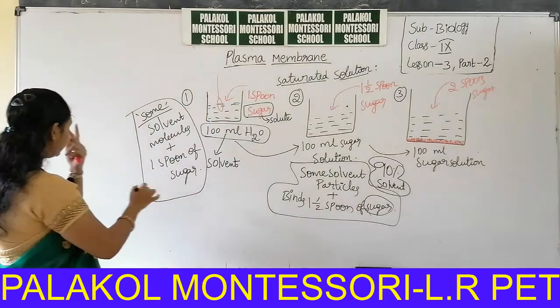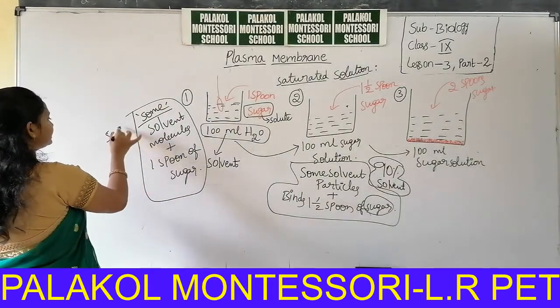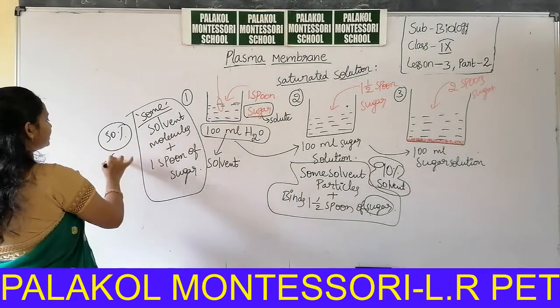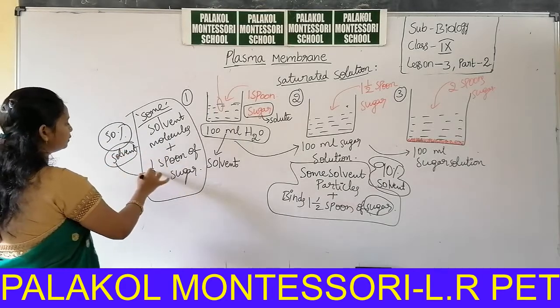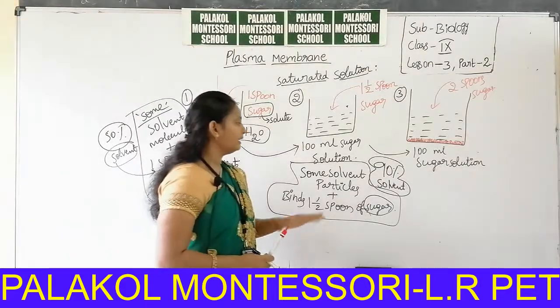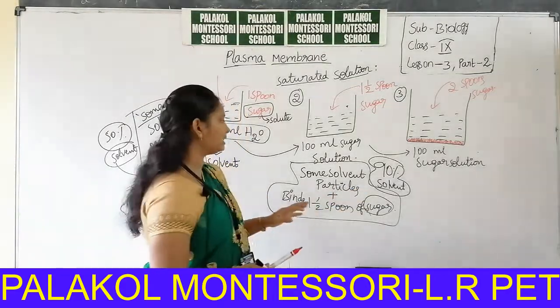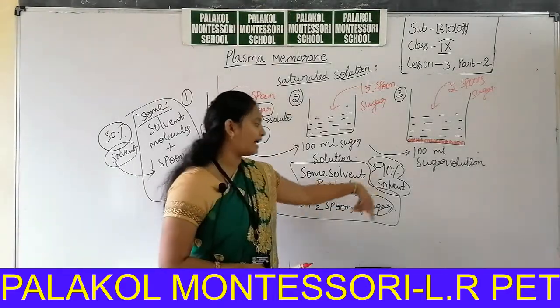I think 50% of the solvent binds with 1 spoon of sugar, and here only 40% more, that means 50 plus 40, 90.